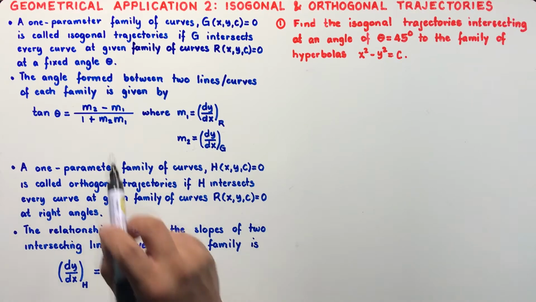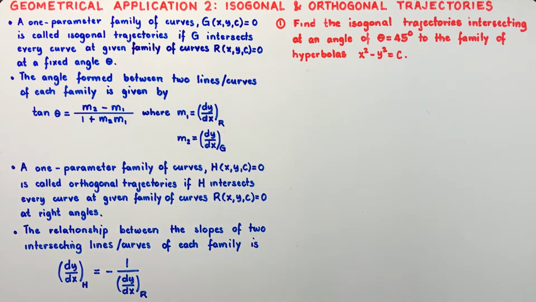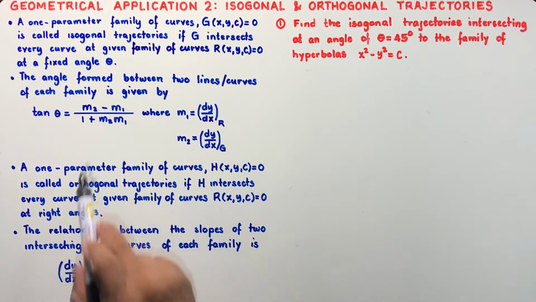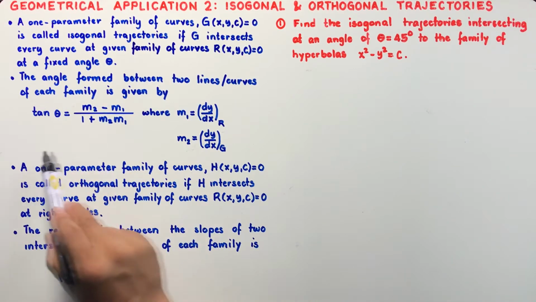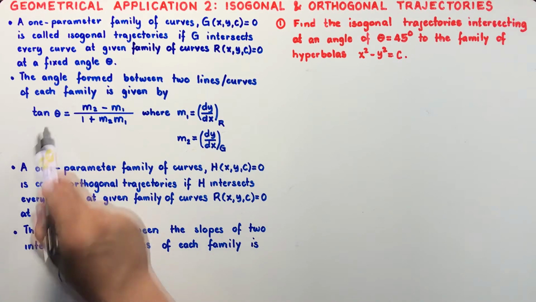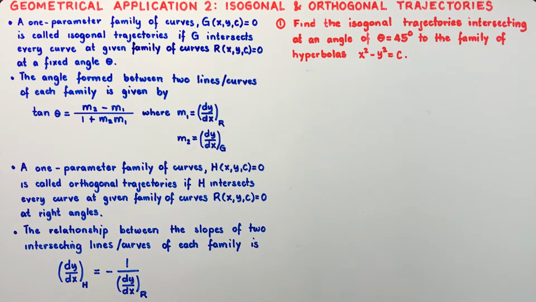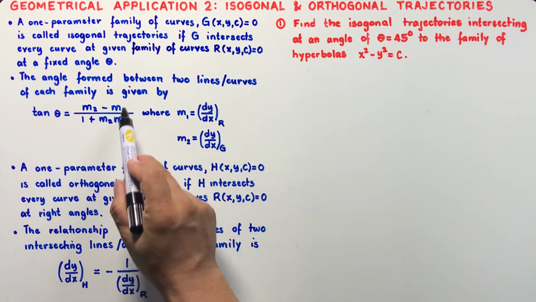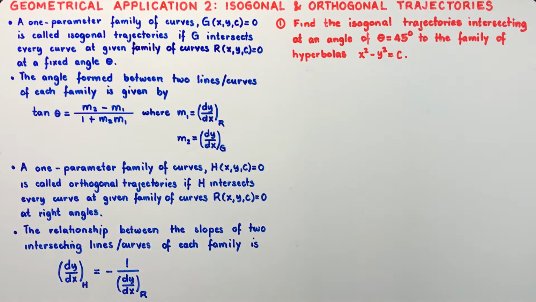The angle formed between these two lines or curves of each family is given by a very familiar formula from our analytic geometry. The angle formed by two intersecting lines is tangent theta equals the slope of the second line minus the slope of the first line, divided by 1 plus the product of the slopes of the first and the second line.